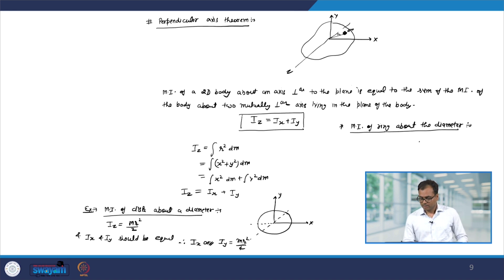So, again about the axis which passes through the center and perpendicular to the plane is m r square in case of the ring, and again Ix and Iy should be equal. Therefore, Ix or Iy should be mr square divided by 2.